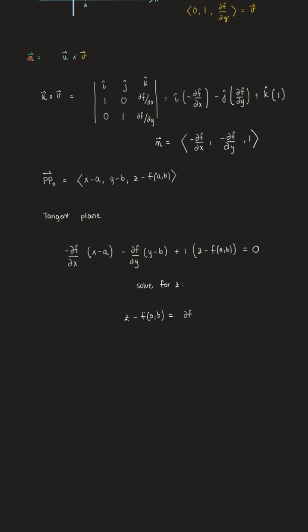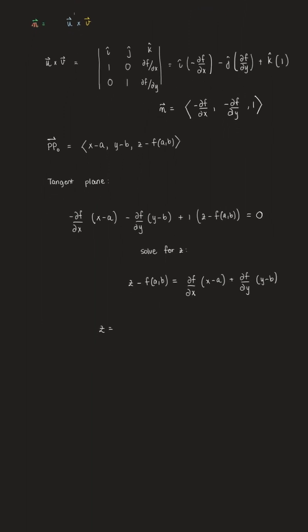That's going to be the partial derivative of f with respect to x at a, b times x minus a, plus the partial derivative of f with respect to y at a, b times y minus b. And finally, solving for z, I'm going to move f of a, b to the other side.